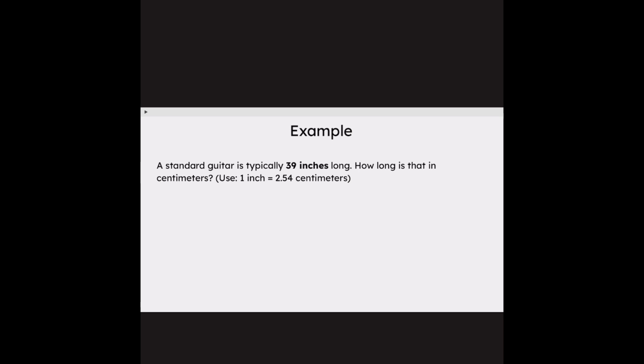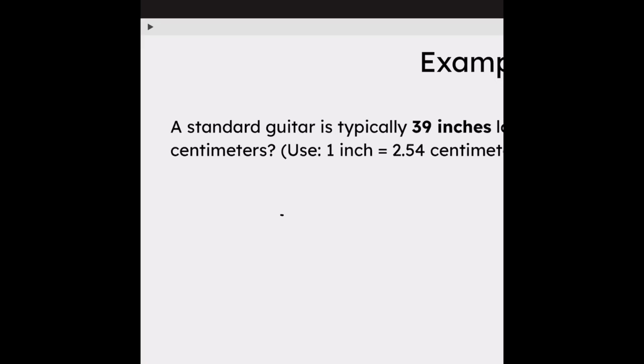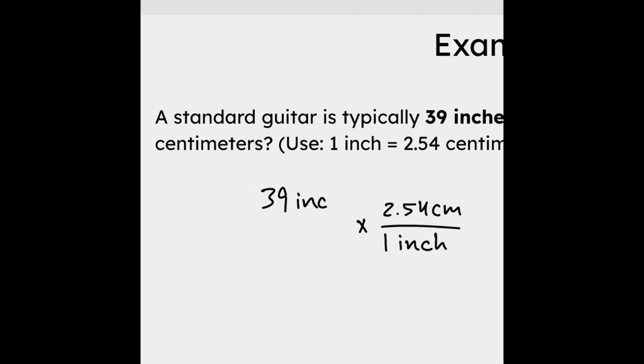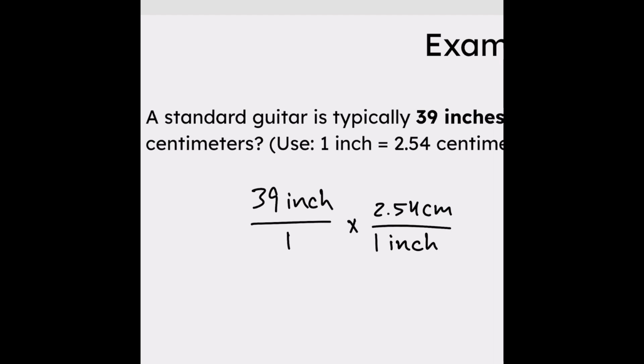Let's look at an example. A standard guitar is typically 39 inches long. How long is that in centimeters? So we have 39 inches, and what I'm going to do here is multiply this by 2.54 centimeters over 1 inch. And notice what happens. I have 39 inches over 1.